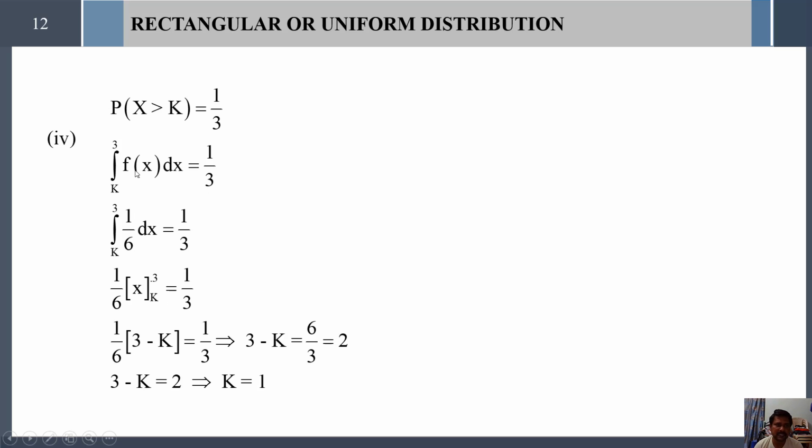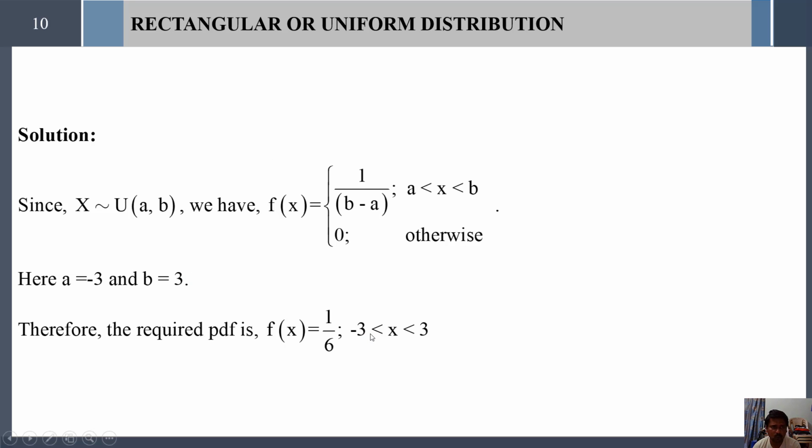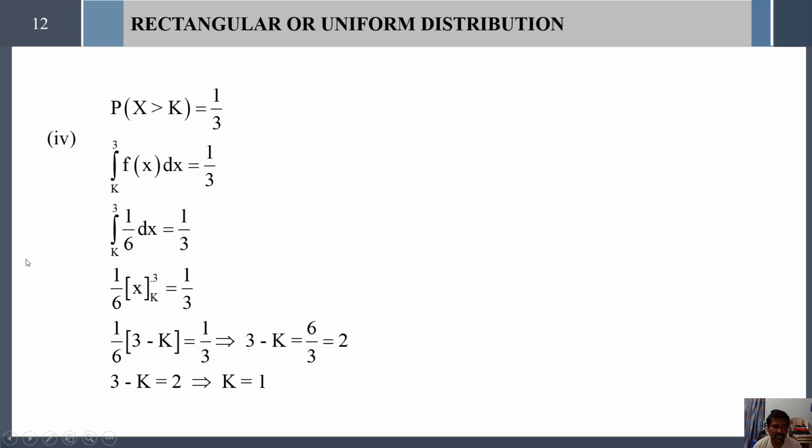That's all. And next, probability of x greater than k equal to 1 divided by 3. The fourth question in this problem is find k for which probability of x greater than k equal to 1 by 3. So we are given probability of x greater than k equal to 1 by 3. For the fourth case, the lower limit for x has been restricted as k.